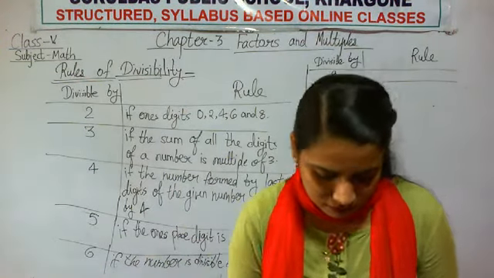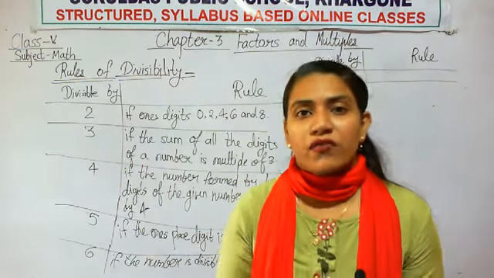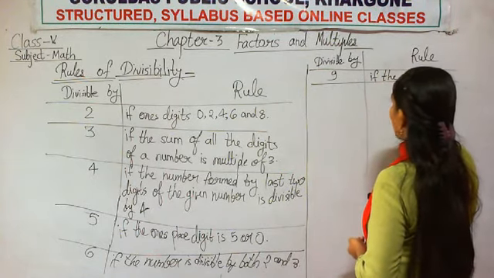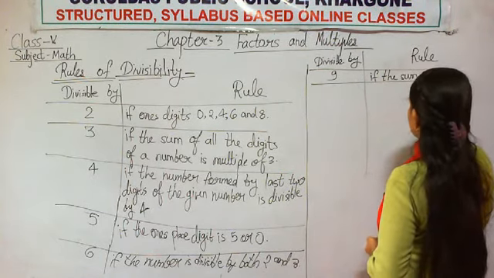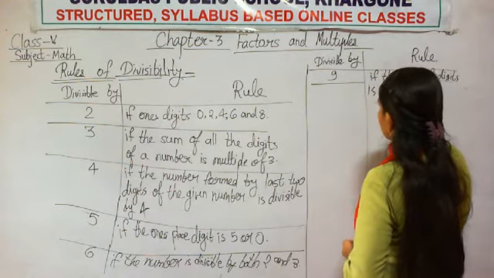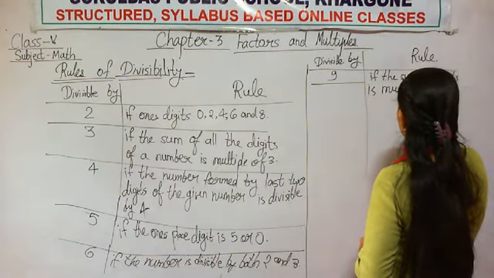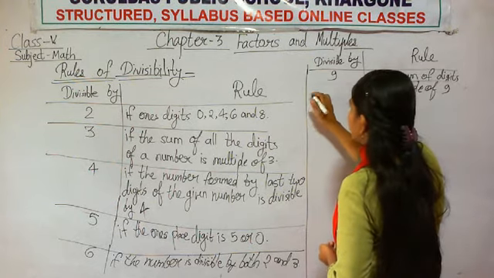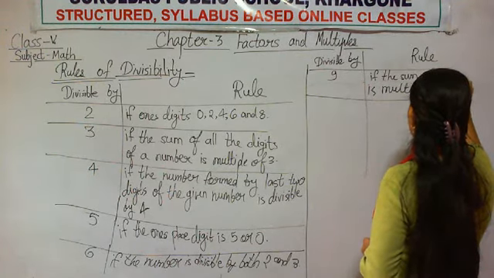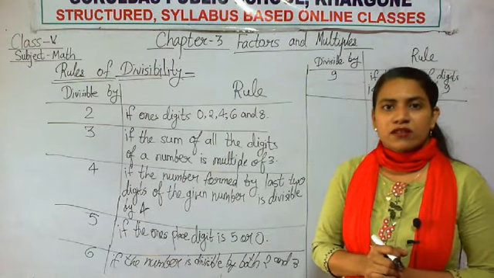The rule for divisible by 9 is: if the sum of the digits is a multiple of 9, then you can say that yes, it is divisible by 9.